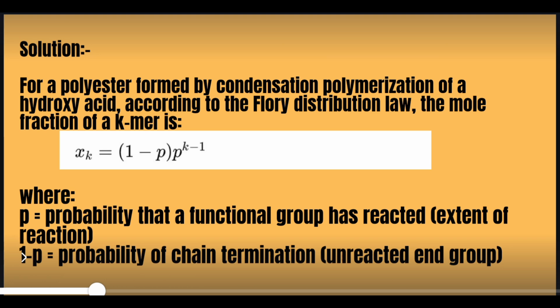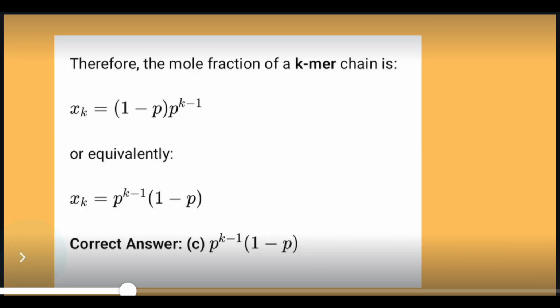For a polyester formed by condensation polymerization of a hydroxy acid, according to the Flory distribution law, the mole fraction of a K-mer is xk is equal to (1 minus P) into P to the power K minus 1. Here, P is equal to the probability that a functional group has reacted, that is the extent of reaction, and 1 minus P is the probability of chain termination, that is the unreacted end group.